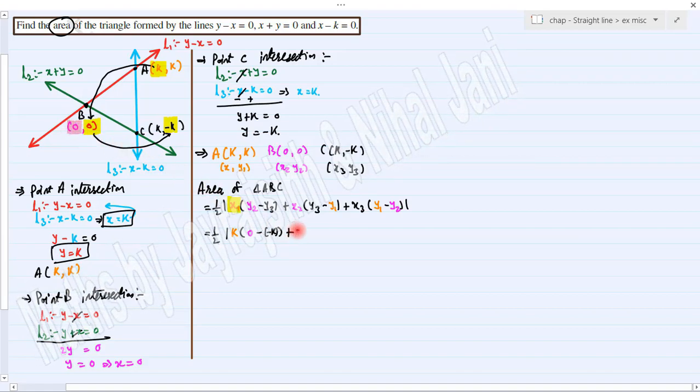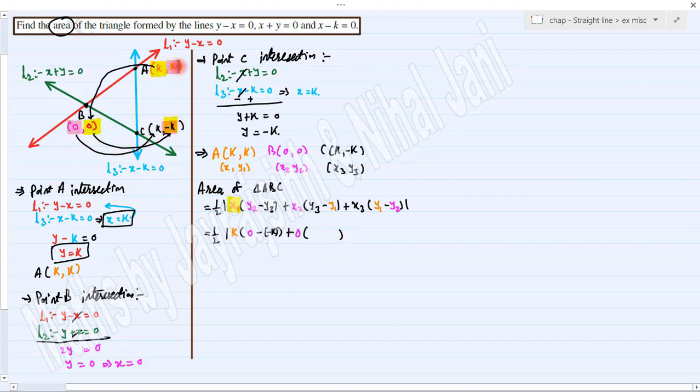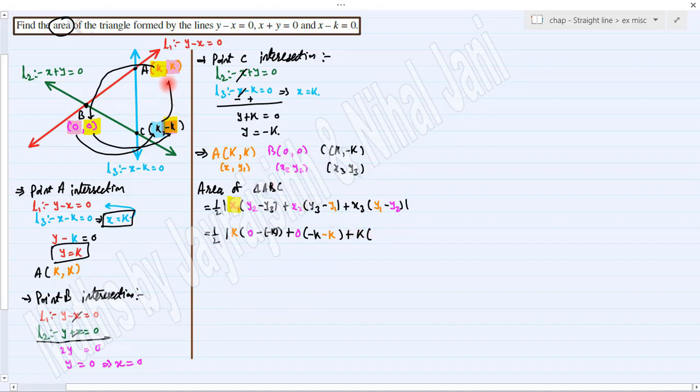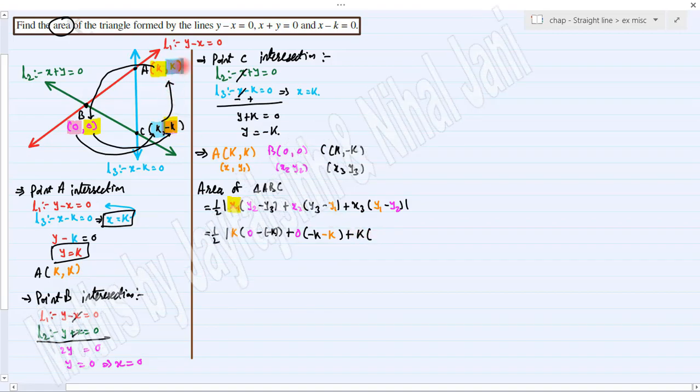We select the x coordinate and then move in a clockwise direction and take the difference between the y coordinates. So we'll get minus k. And finally, we'll select the third point having x coordinate k and move in a clockwise direction. So we'll get k minus 0.